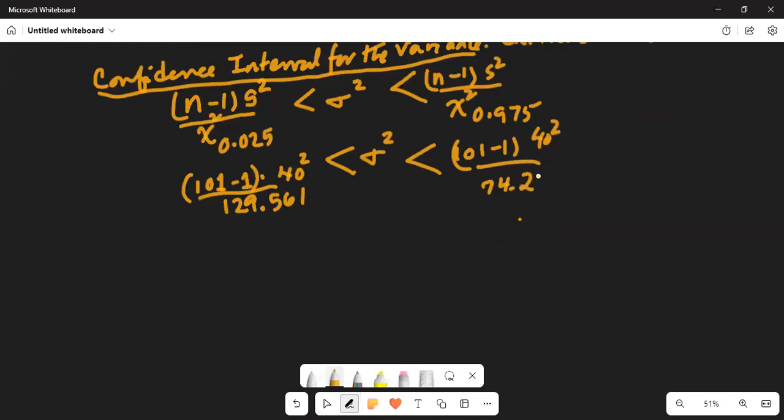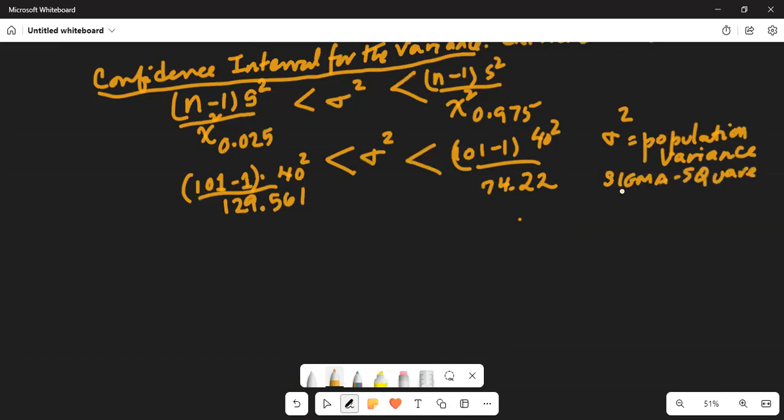Remember, sigma square is the population variance. Sigma square is to be read as sigma square. This is Greek small s. All Greek letters indicate a population characteristic.